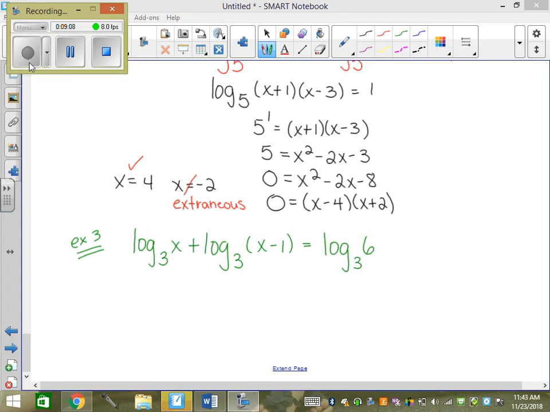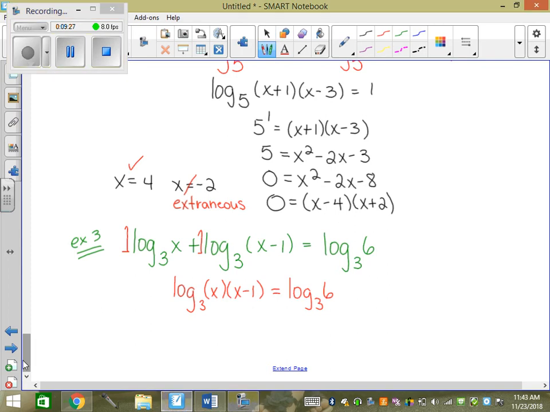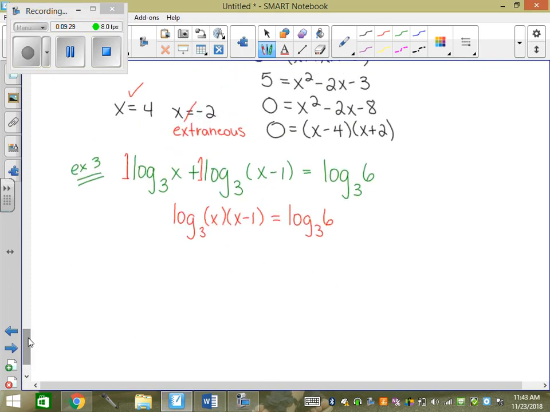Put the logs together on the left. So we get log base 3, and we can put these together because they both have plus 1s in front. So log base 3 of x times x minus 1, and it equals log base 3 of 6. Knowing what we know, what could we say then? And why would this be easier?